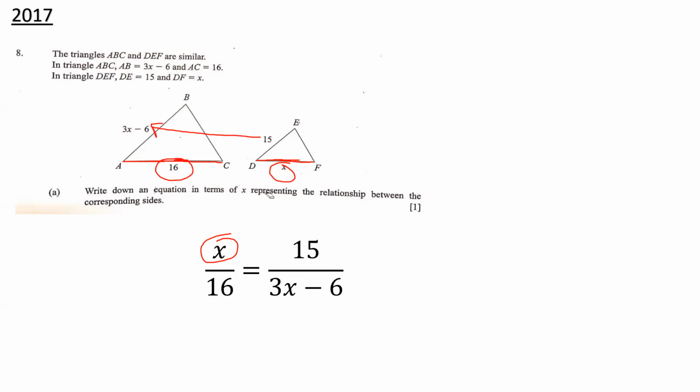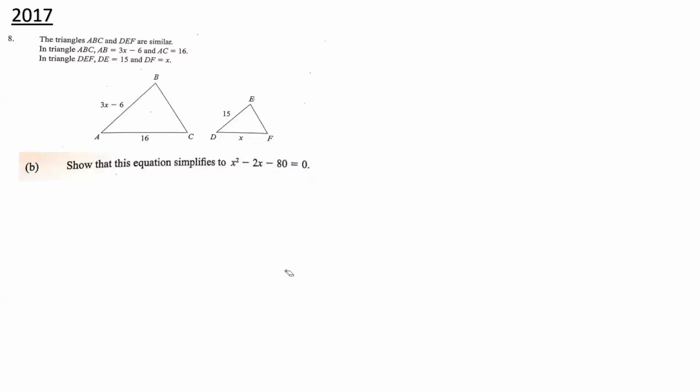Write down the equation in terms of x representing the relationship between the corresponding sides. Well, corresponding sides are in the same ratio. So once we put corresponding sides in a ratio and put another pair of corresponding sides in the same ratio, they should be equal to each other based on the property of similarity. Now that we have the equation, the next step is to solve it.